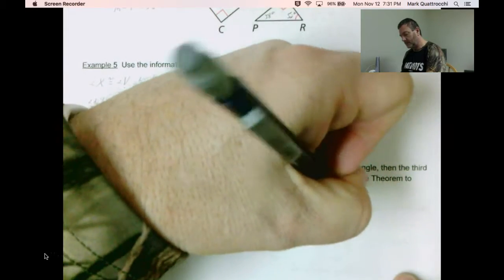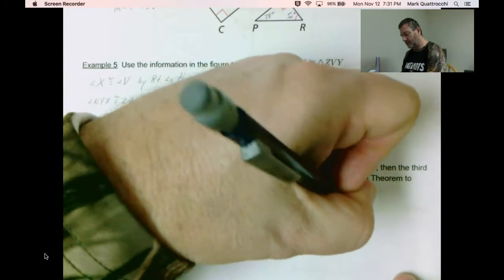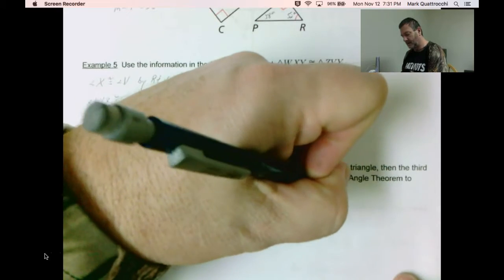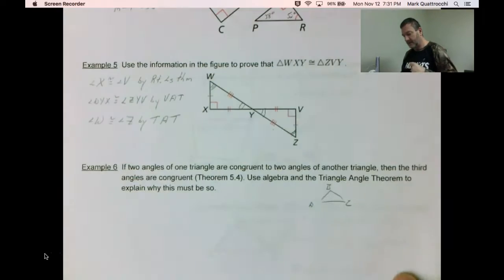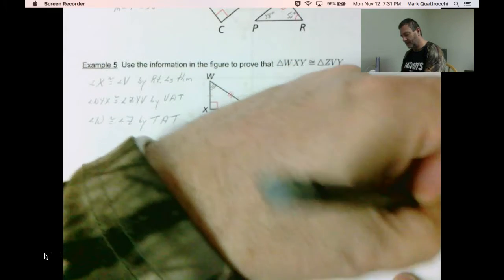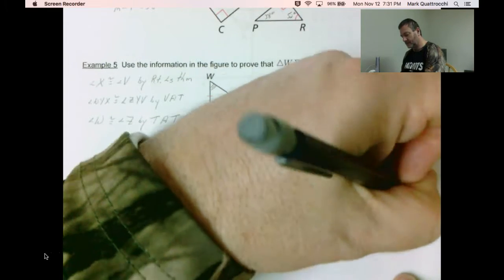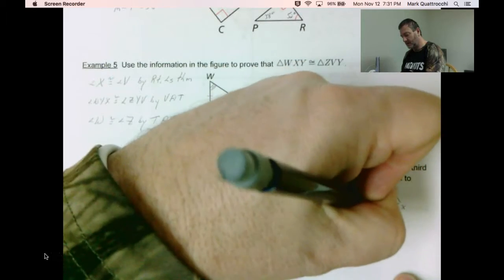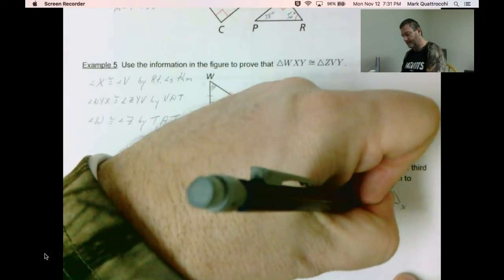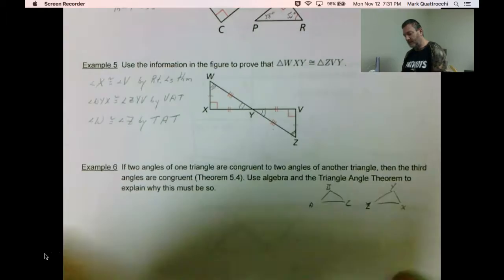So, to do the proof, I'm going to need 2 triangles, A, B, C, and another triangle over here, X, Y, Z. And we need some given information.